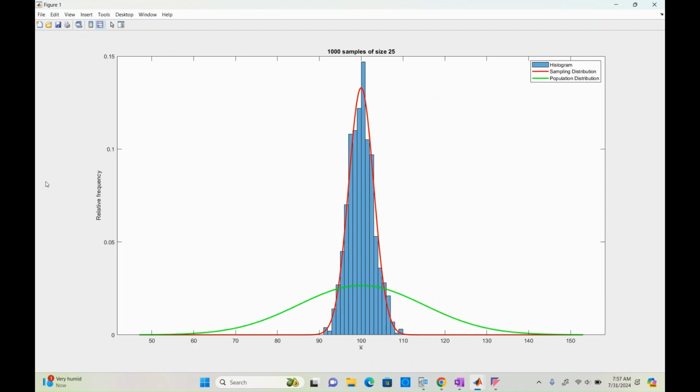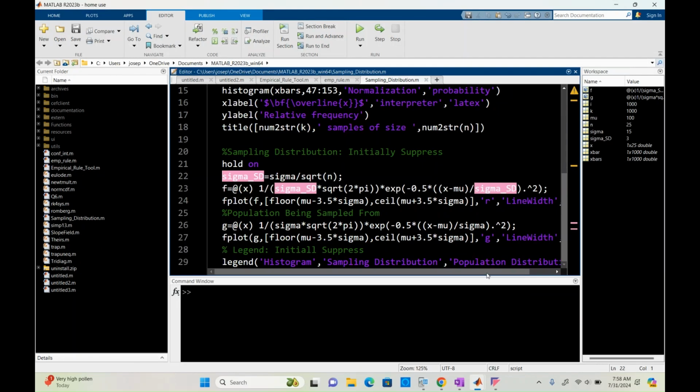Now, where they differ is the red one, the sampling distribution, is much more narrow. And you can see this actually in the formula for the standard deviation of the sampling distribution.